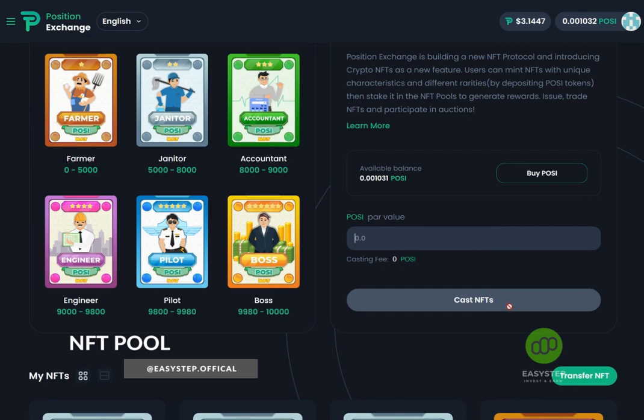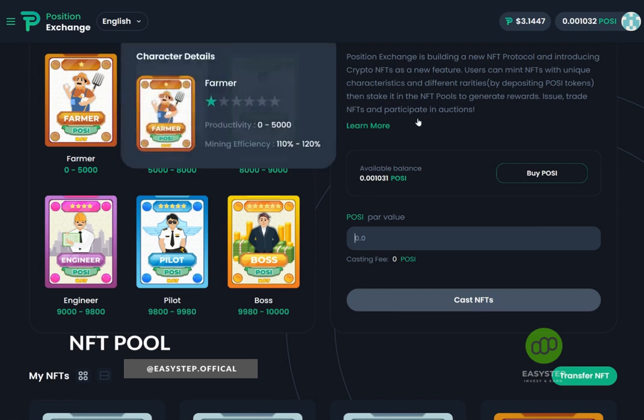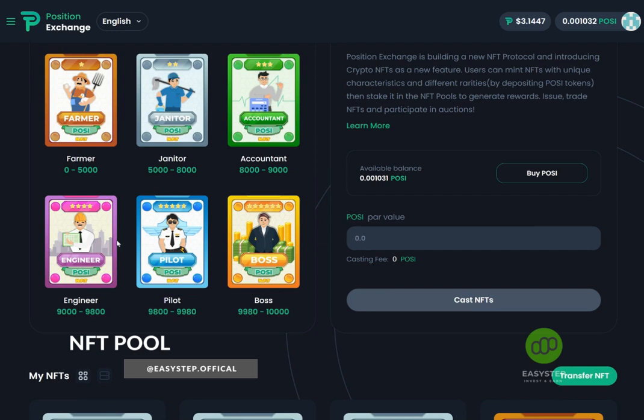When you cast an NFT, you're creating your own NFT based on the amount of POSI you put in. Once you do that, it'll randomly select an NFT, and you'll get one of these NFTs, which have different levels. The higher the level of the NFT you get, the greater the mining power.